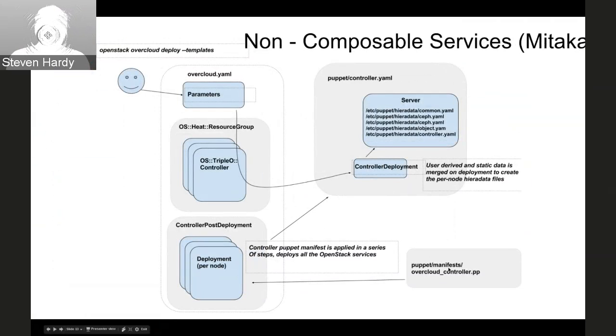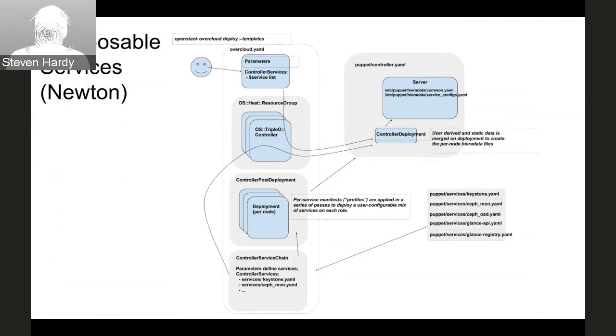We had basically one very large Puppet manifest, which contained configuration for all of the services on the controller, but there was no way of selectively enabling or disabling services short of commenting things out in the Puppet manifest and that kind of thing. So this is the model we've moved towards, which is kind of a refinement on the previous process.